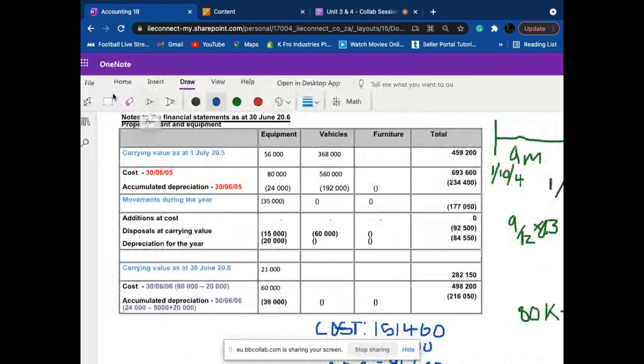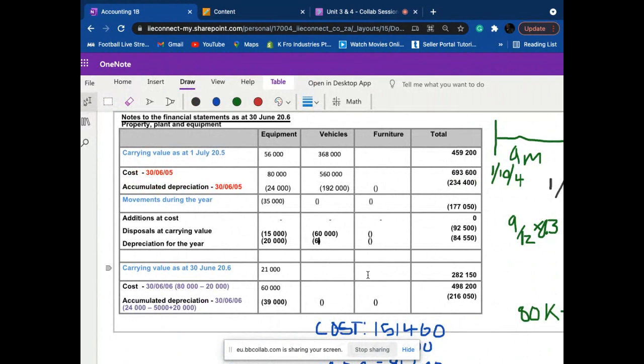So then we just come here to 61,600. Okay, so what's the total? Did we buy any new vehicle? We didn't buy anything new. So we just add these two and we get 121,600.